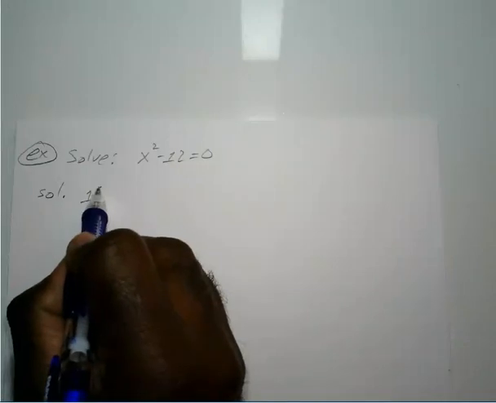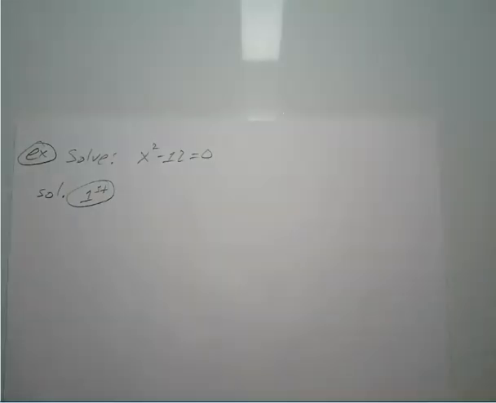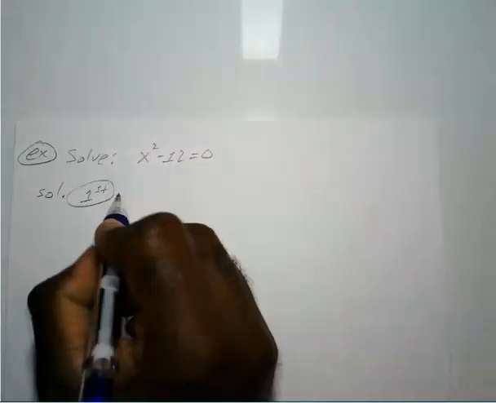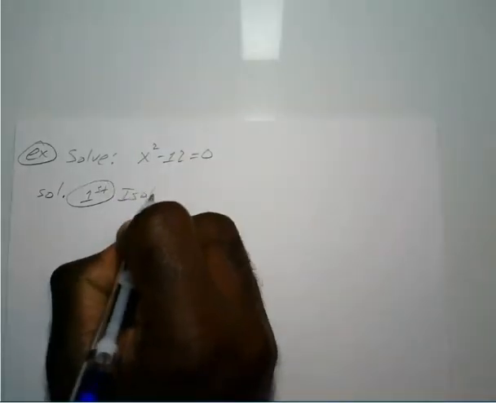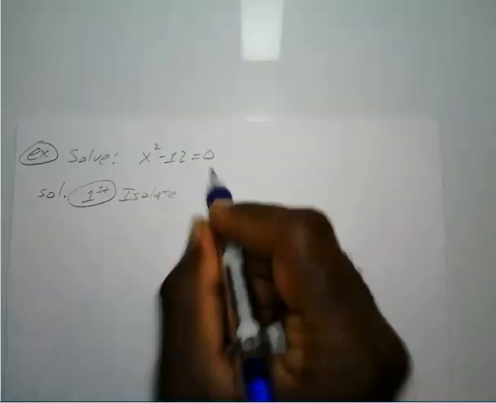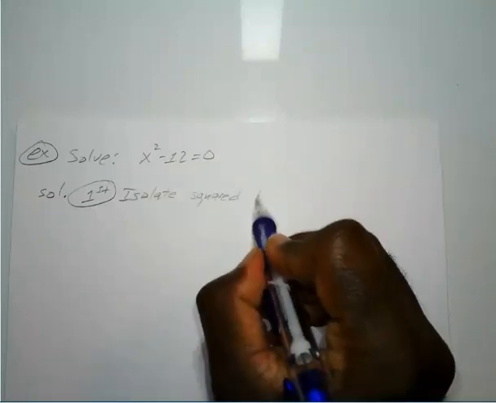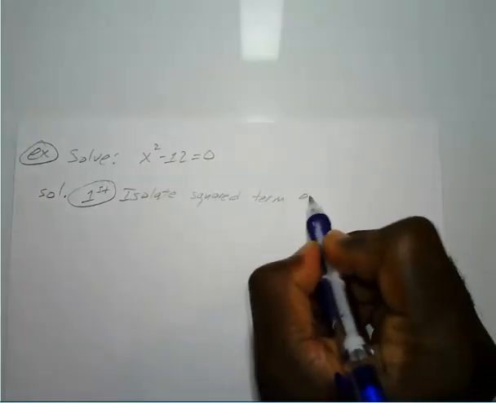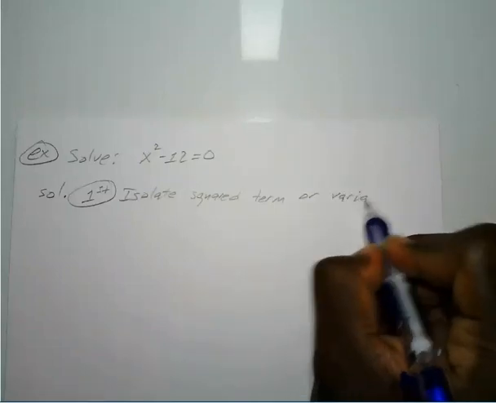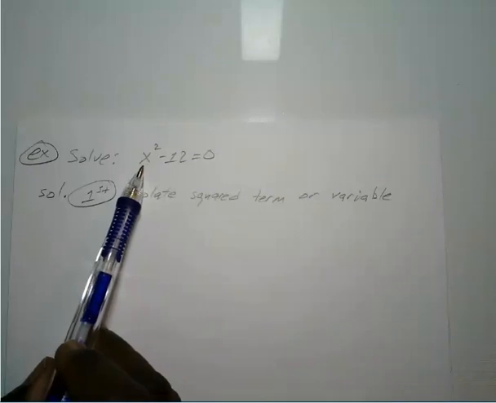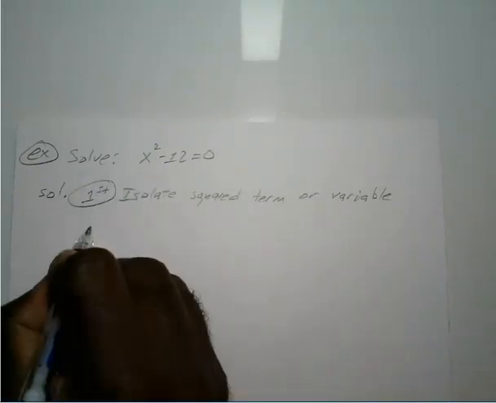Okay, so the first thing you'd want to do that we didn't have to do in the last one is isolate your squared term, or variable. In this case we have a squared variable, so we want to isolate that.